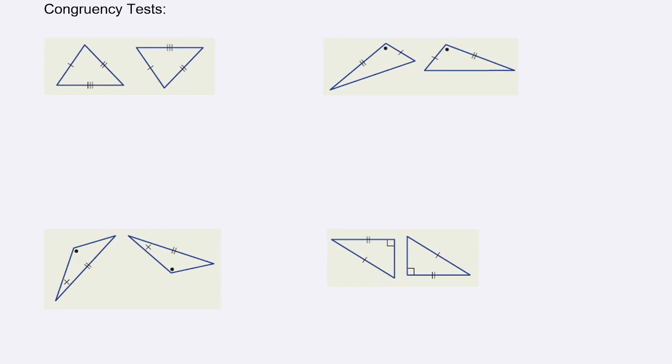Congruency tests. All right, we have 4 congruency tests that we're going to be using.